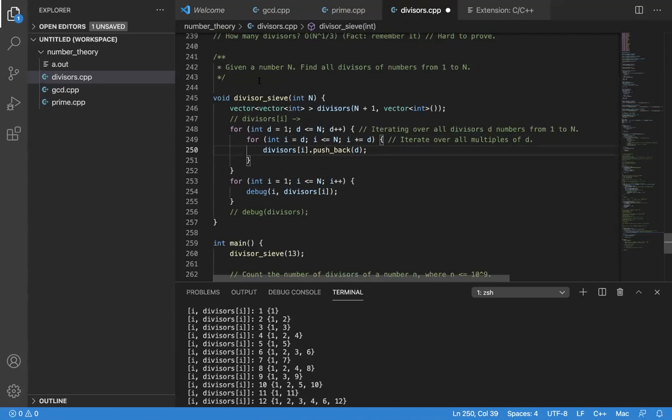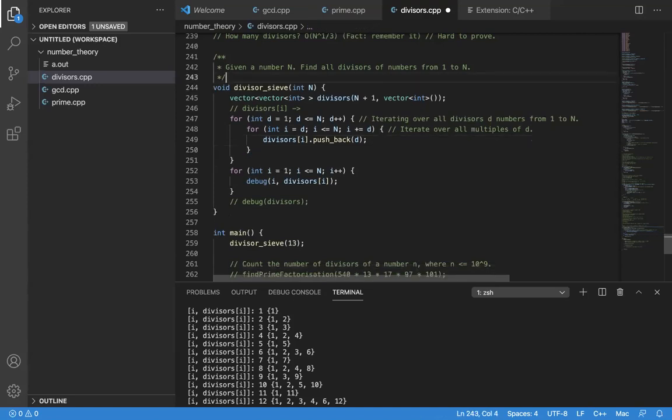If you have any confusion or want to ask why this is working. So this is very simple code. You are going over divisors and going over all multiples of that particular divisor and saying for that multiple that I am your divisor. So go over d, find i, a multiple of d, and you say that this d is a divisor of i. That's all.